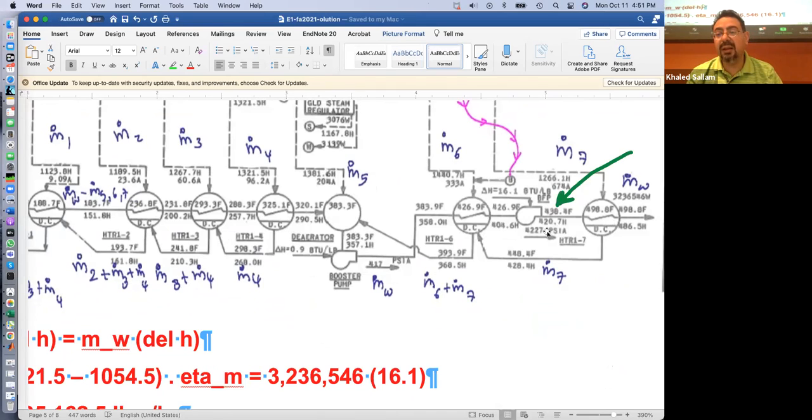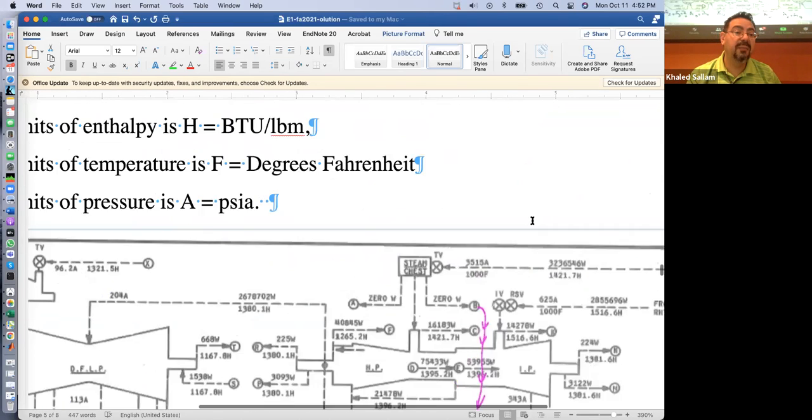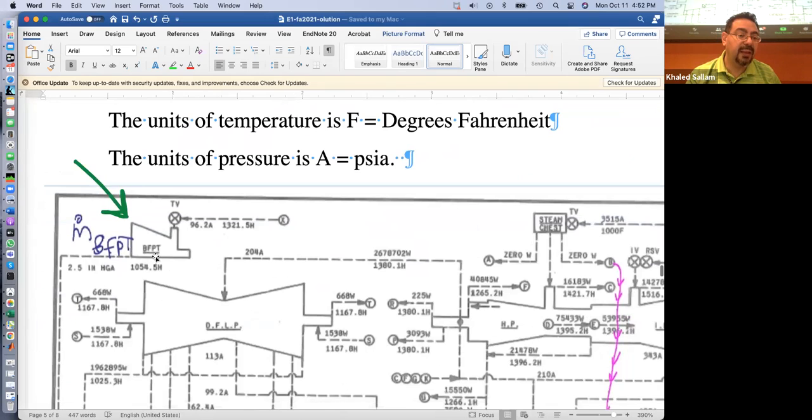I remember I said in class that this pump is so big that they don't run it with an electric motor. They run it with a steam turbine, because why would they turn steam power into electricity and then use electricity to run the pump and lose energy in the conversion? If all it needs is mechanical work, we have turbines, we have steam. Let's make the mechanical work for this pump ourselves with that turbine.